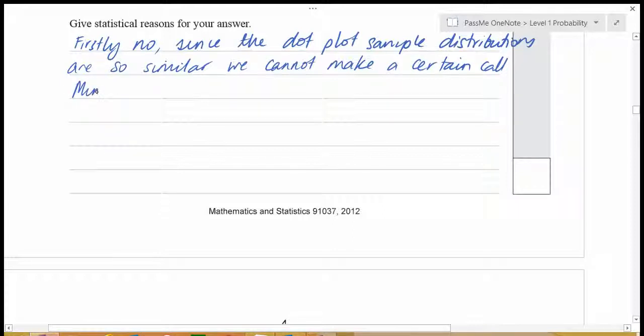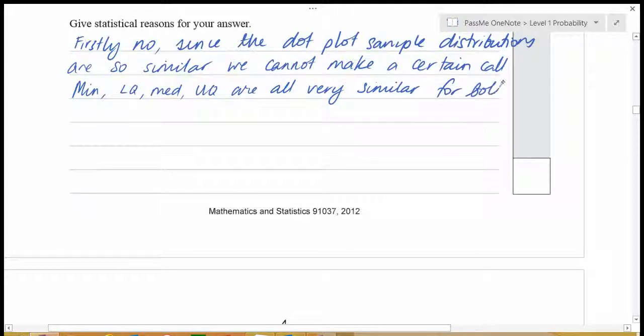So min, lower quartile, median, upper quartile are all very similar for both Canadian and Australian reaction times.